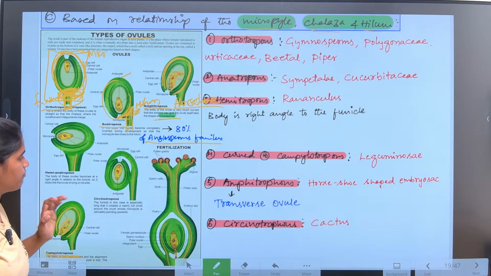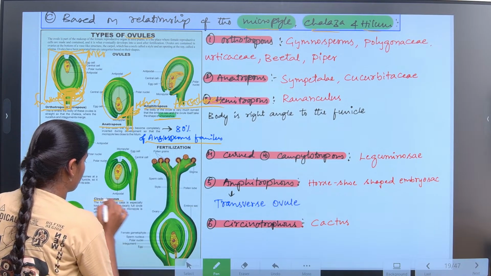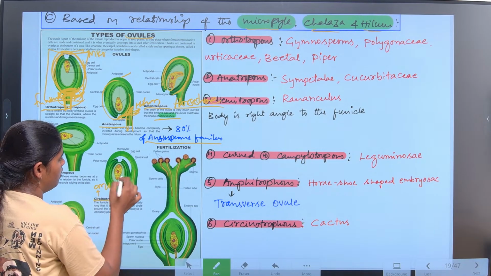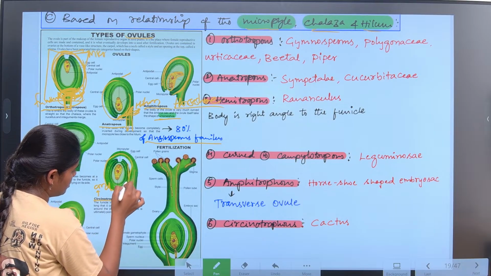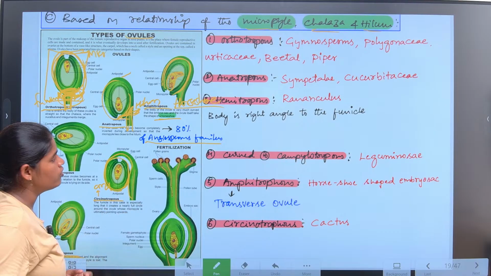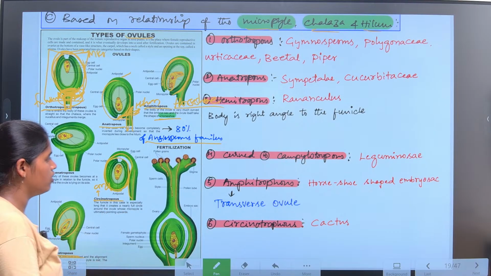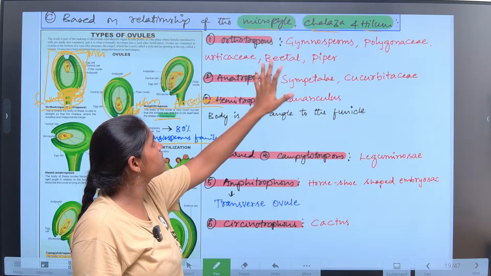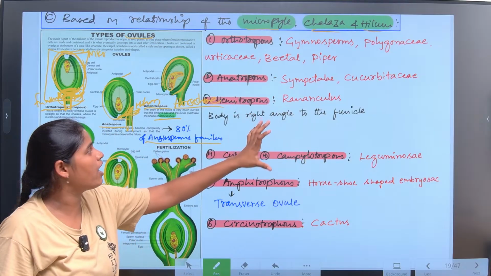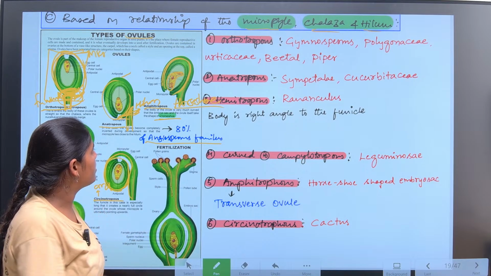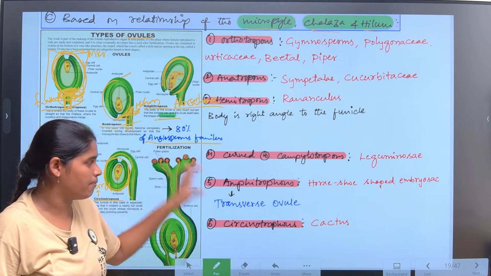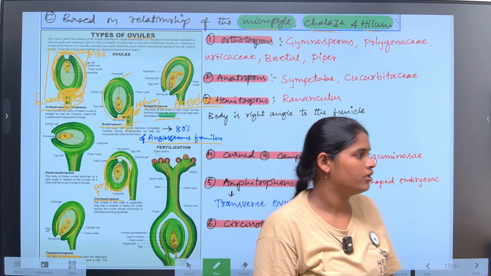And circinotropous: circin means circle. The funicle is so long that it completely covers the ovule, so it is called circinotropous. So these are the types of ovules in different families, majorly anatropous. Remember, you will get this note.